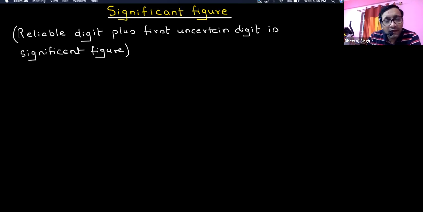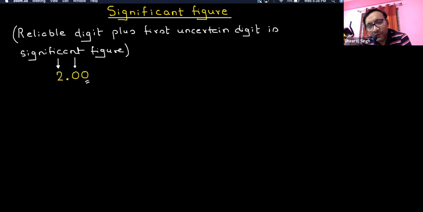So basically, if I write down 2.00, the reliable digits are 2 and 0, these two. I'm not sure whether the second 0 is exactly 0 or it can be 1 also. So the 0 at the end is unreliable or uncertain because of the errors. If you write like this, 2.00, it automatically means the error in the measurement is 0.01.